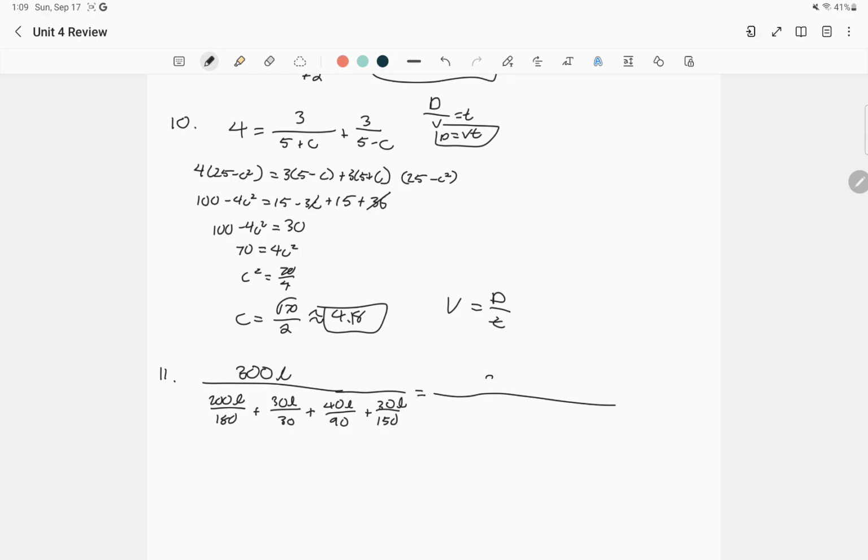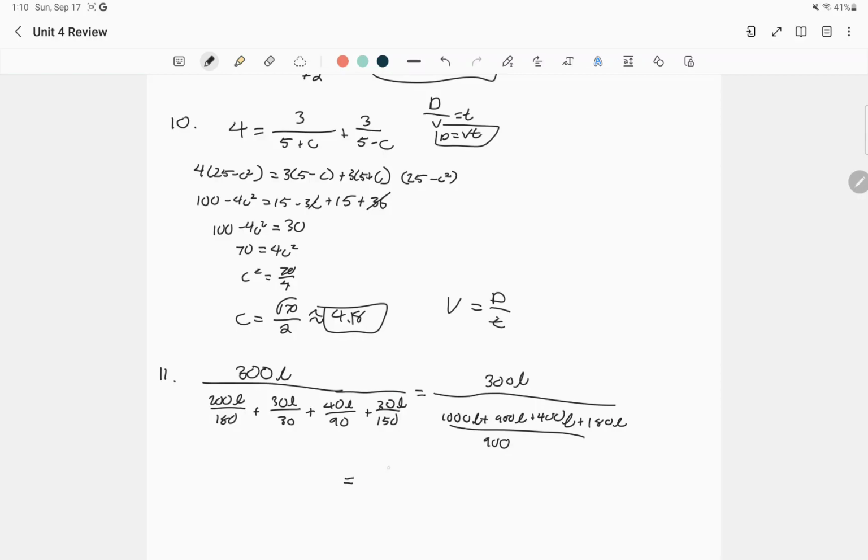Okay, common denominator is 900. 300 laps is going to equal 900 over 1000, because we're multiplying it by 5 for the 180, and then plus 900 again, because we're multiplying 30, and then 40 becomes 400, because 90 on the bottom is 10, and then we have our 30 becomes 180, because once again the 150 is being multiplied by 6 for this 900.